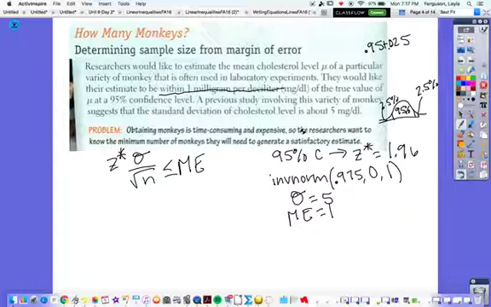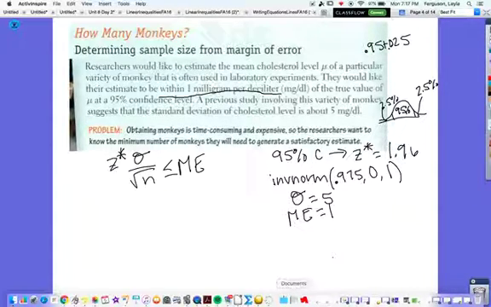So that's what tells me what I want my margin of error to be. So then I'm just going to fill in what I know into this formula. I'm going to say 1.96 times 5 over the square root of n, because that's what I'm trying to figure out. And then it has to be less than or equal to 1.